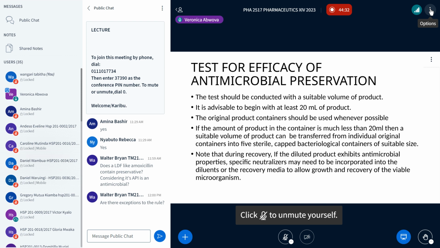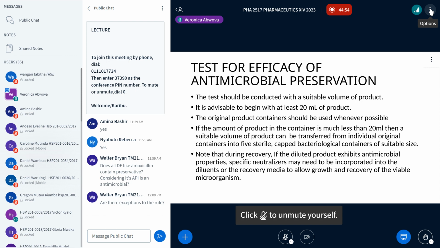sometimes you may not always be able to achieve the ideal, okay, but if you're able to test your product within the original container and use 20 ml of the volume of the product, again, that is well and good.